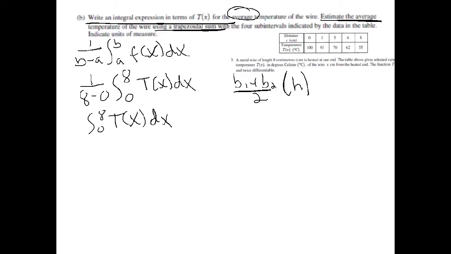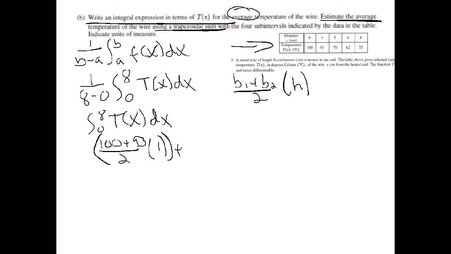I take a look at my data from my table up here, and I just start figuring out the trapezoids. If you want to draw the picture, if that helps you out, then draw the picture. The arithmetic of it is going to be base 1, which is 100, plus base 2, 93, over 2, the average of those, times the height, which is 1. That's my first trapezoid.